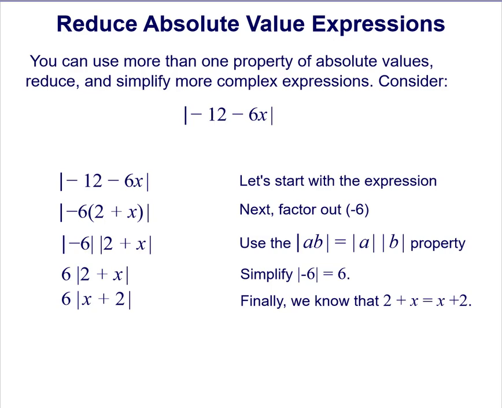And I take the absolute value of each of my two products. Next, I simplify. The absolute value of negative 6 is positive 6 right here. And we know that x plus 2 is the same as 2 plus x. So I rearrange these two by using the commutative property. And we've established that 6 times the absolute value of x plus 2 is the same thing as the absolute value of negative 12 minus 6x.